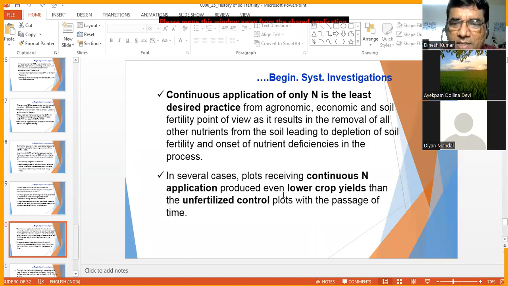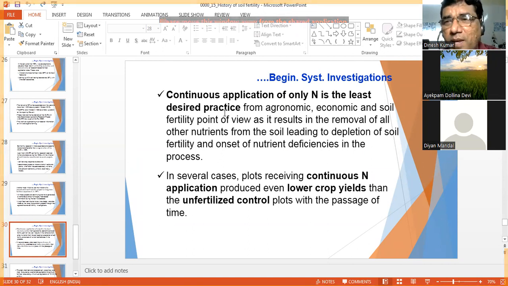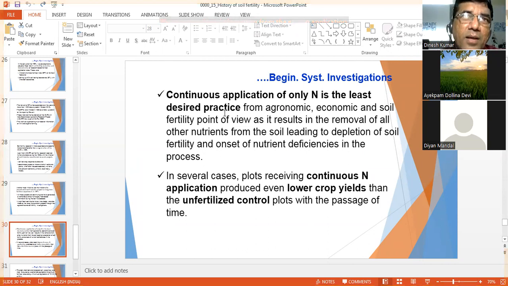So what they suggest now, you can see from long-term experiments, continuous application of only nitrogen is the least desired practice agronomically and economically. It is better not to apply nitrogen than to apply nitrogen only.